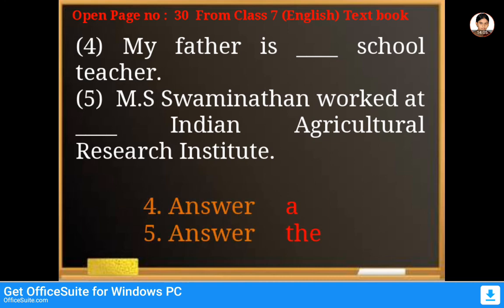It was a particular place, so "the" is used. My father is a school teacher. There are many schools, but here it refers to the general purpose. He is a school teacher.